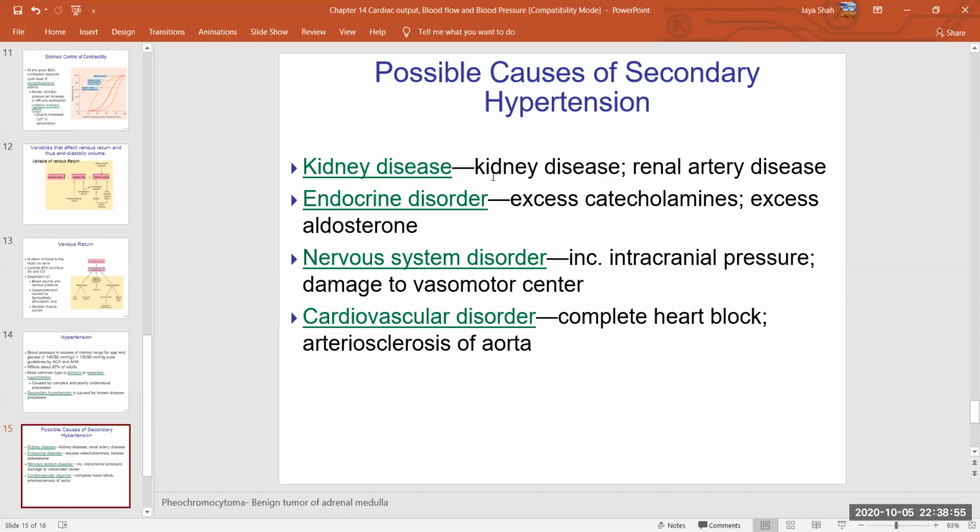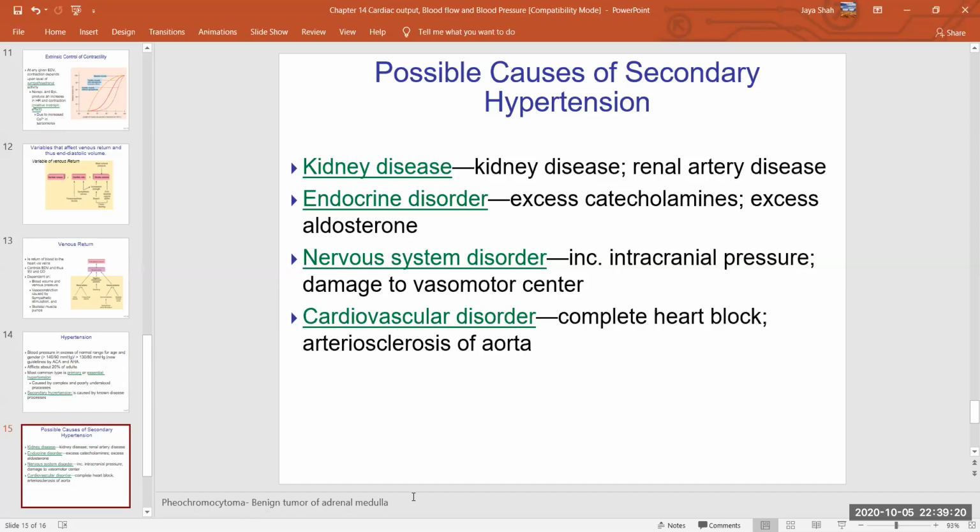endocrine disorders of the endocrine glands. For example, excess catecholamines, which means your body is producing a lot of epinephrine and norepinephrine. And there is a tumor called, here I have written, pheochromocytoma. Here in the note, this is a benign tumor of the adrenal medulla.